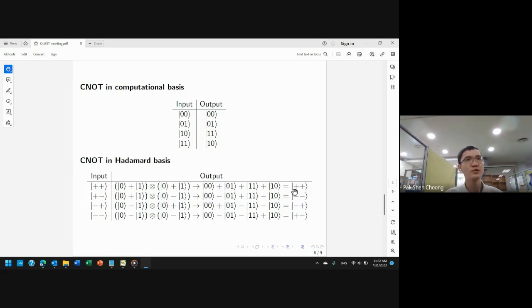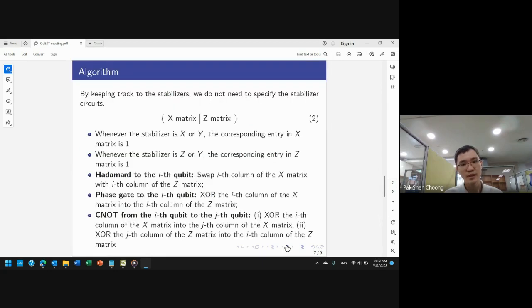So meaning that you have to do the opposite direction as well. So that's why when you have CNOT, your XOR is from i to j in your X matrix, and then you also need to do the XOR from the j to the i column in your Z matrix. So that's the reasoning for CNOT.